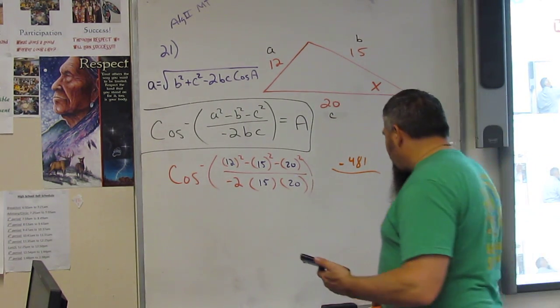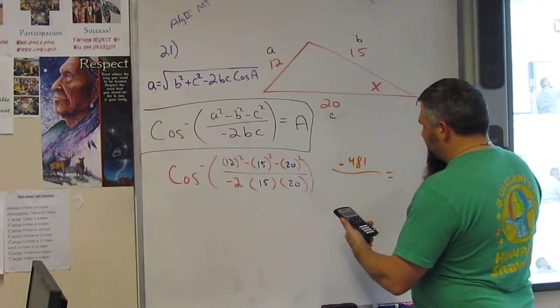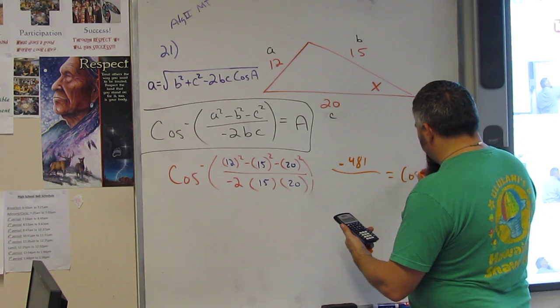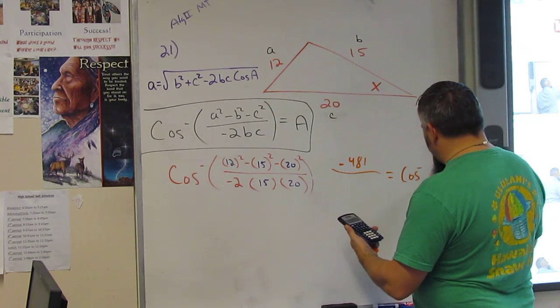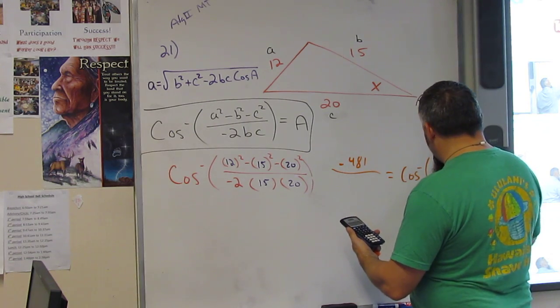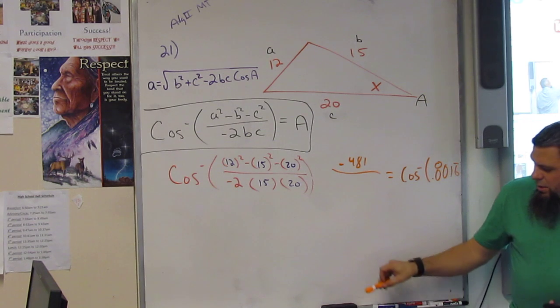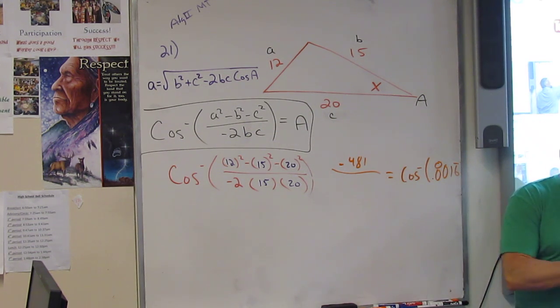Right? And so at that point, this comes up as its code. Now I'm going to have to find the cosine inverse of this number, 0.8016, and the 6 goes on to infinity, right?